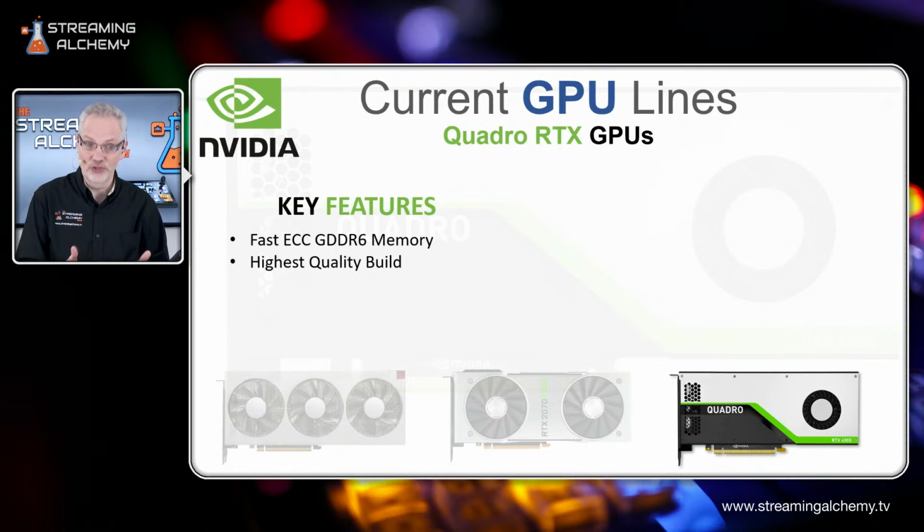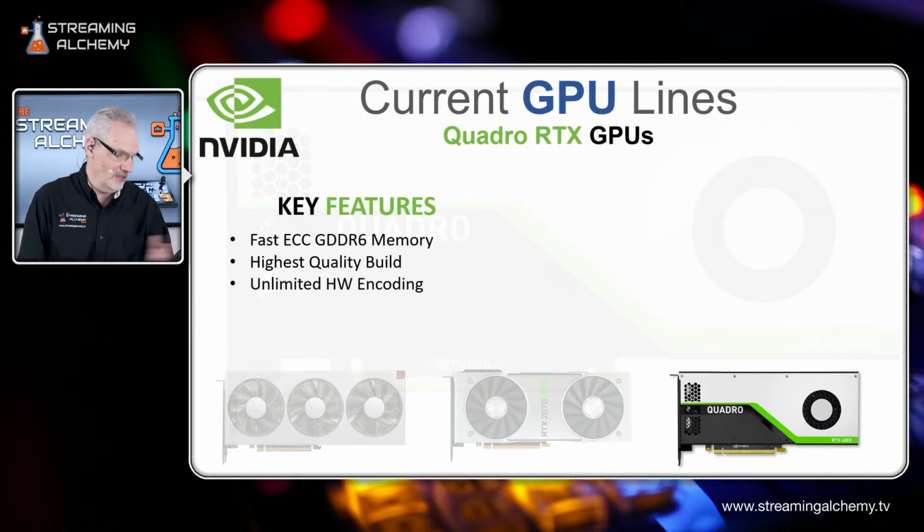And in fact, one of the things you'll notice is they are really well architected from a hardware perspective, and the cards themselves only take up one slot. So if you're in a tight build, the Quadro cards, I believe almost across the board, are going to be single slot cards, and that gives you more space. But the build quality is really exceptional compared to what you have in the RTX line.